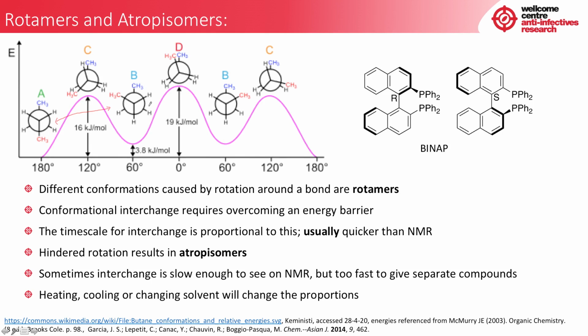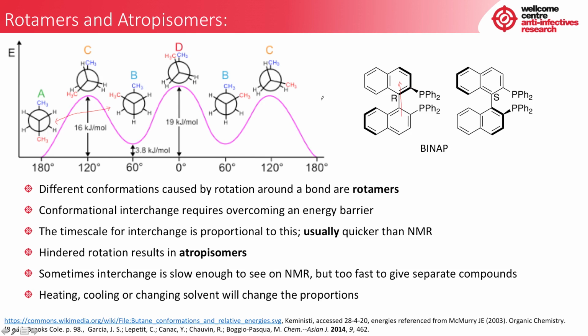However, if it's really hindered, interconversion might be very, very slow. This is a chiral ligand or catalyst known as BINAP, and it can be bought as either pure R or pure S, with the chiral center actually being axial chirality around this axis. And the calculated interconversion temperature for these two is about 500 degrees Celsius.